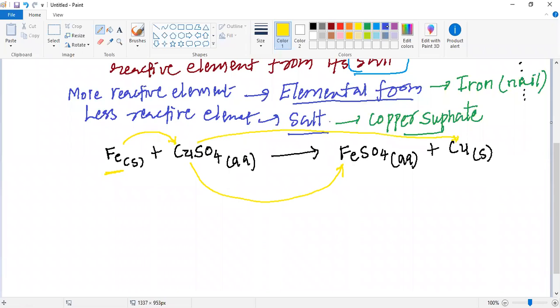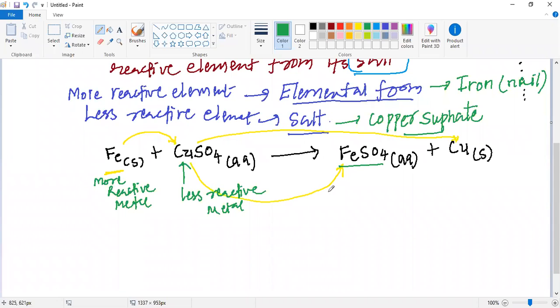If we understand it in a little more detail, iron is the more reactive metal and copper in copper sulphate is a less reactive metal. So the more reactive metal has displaced the less reactive metal.